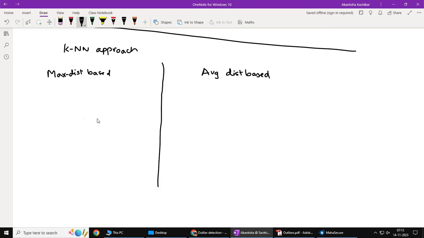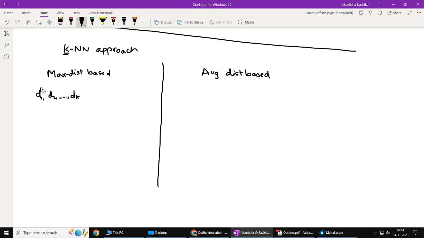Okay, so what is maximum distance based approach? For every observation, so we fix k, of course. In each of these approaches we fix k in advance. Then for every observation we record distances of the k nearest neighbor. Okay, so I will have d1, d2, dk, and this I will have for every observation.